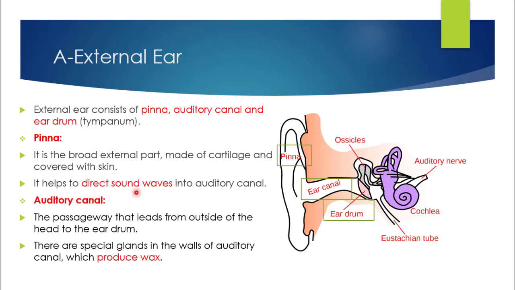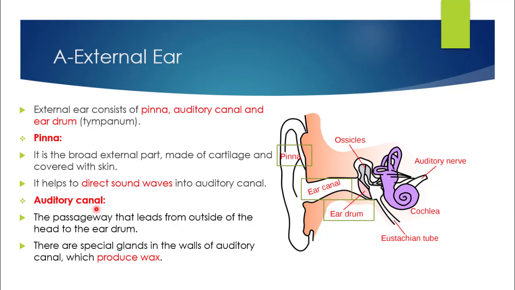It helps to direct the sound waves into the auditory canal, which is the second important part of the external ear. So the main function of pinna is to direct the sound waves from the outer environment into the ear canal or auditory canal.